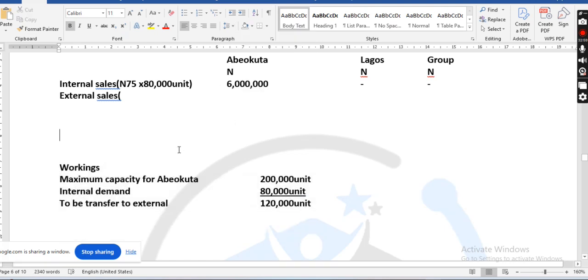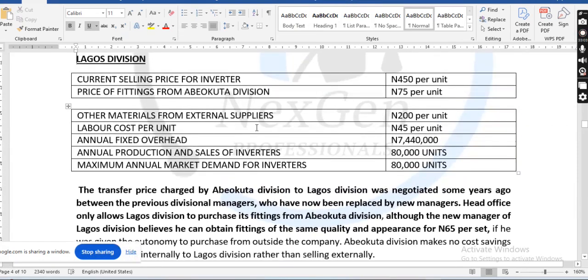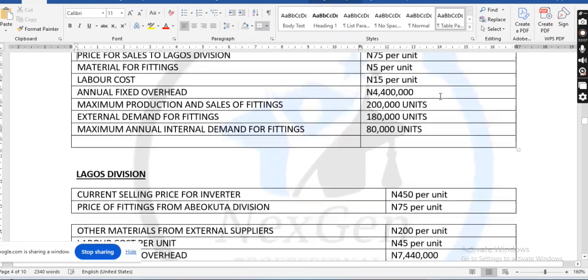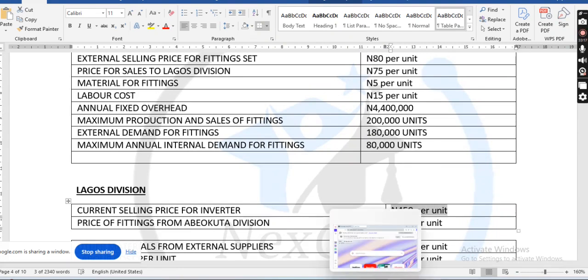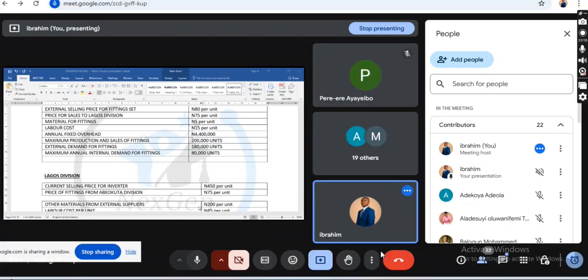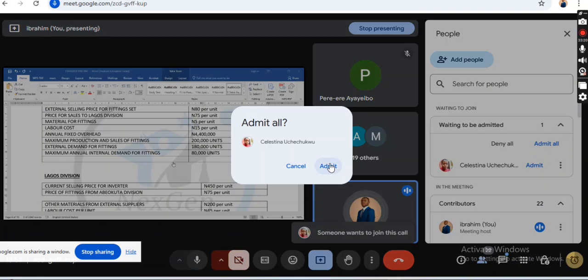Transfer pricing is actually interesting, right? Can you see something? Lagos buys at 75 naira per unit from Abeokuta. Lagos will now sell at 450 naira per unit. Class, can you see that?